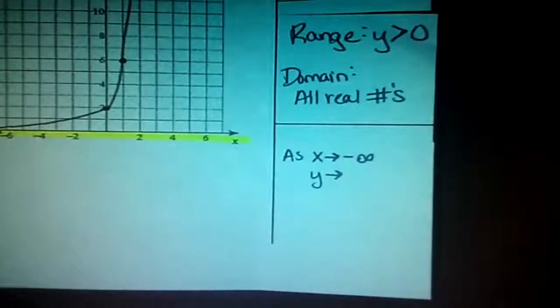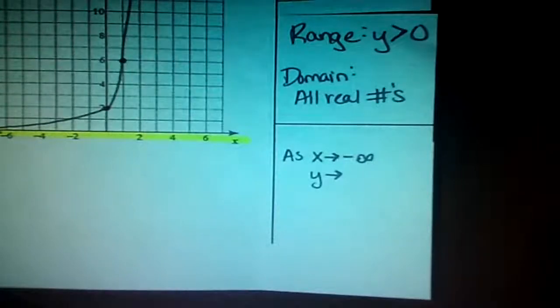No, that's not what it's doing. As x approaches negative infinity, what's my y doing? Curving? Where? What is this line? The asymptote. The asymptote, which was what? Zero.